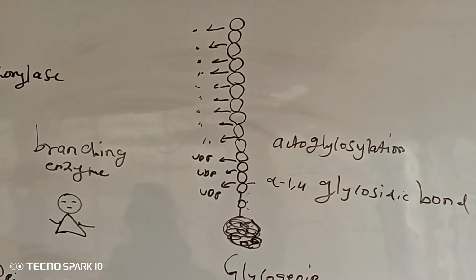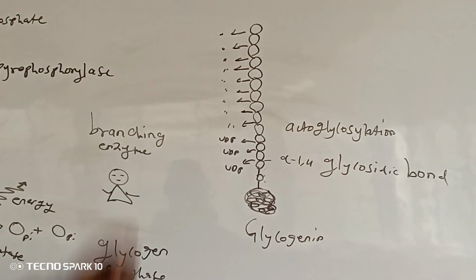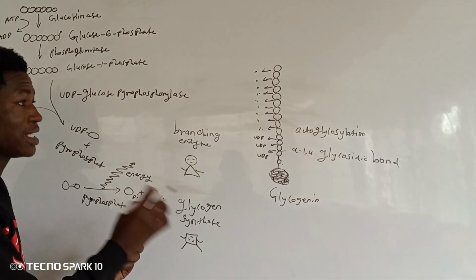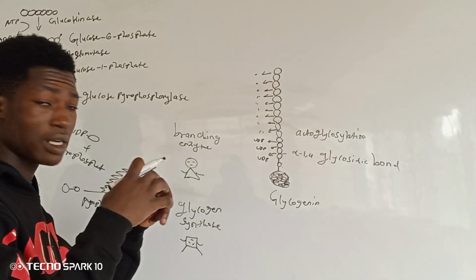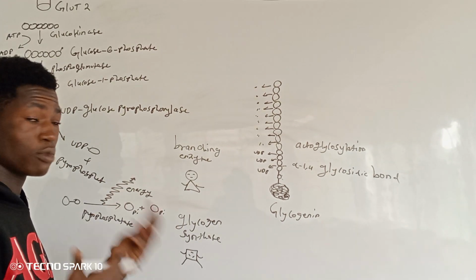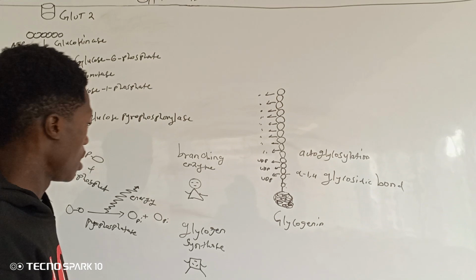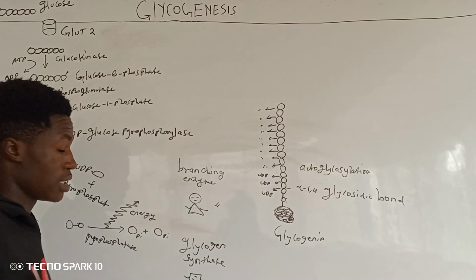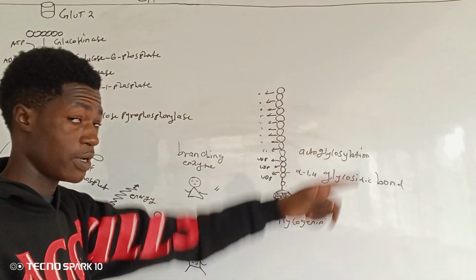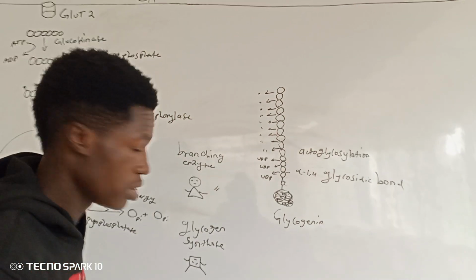Alright. Now, this chain is getting too long, so you must find a way of manipulating and fixing it so that it can take a small space. So you just want to fold it so that you can take a small space, right? So what are we going to do? This is when the branching enzyme is going to come into play. It's going to break the alpha 1,4 glycosidic bond and form alpha 1,6 glycosidic bond. So, see here.